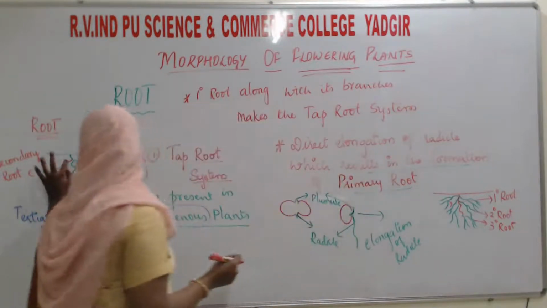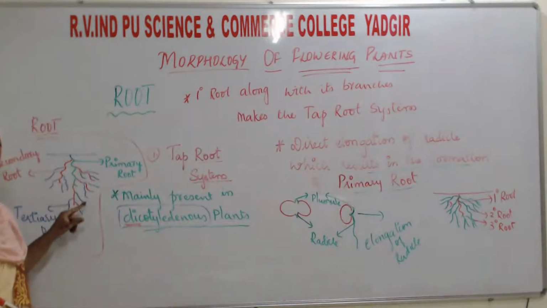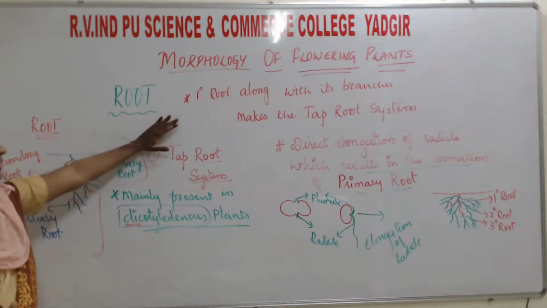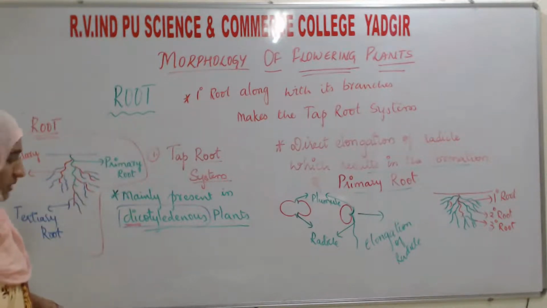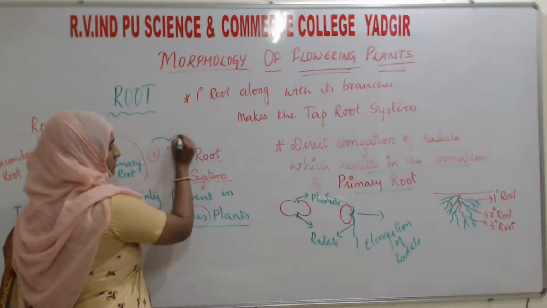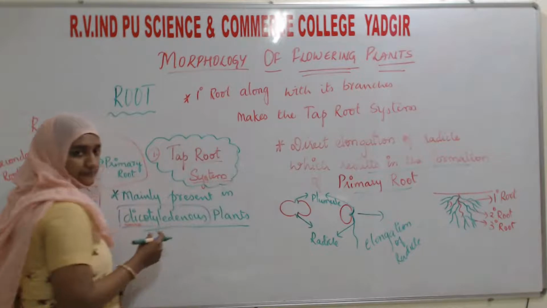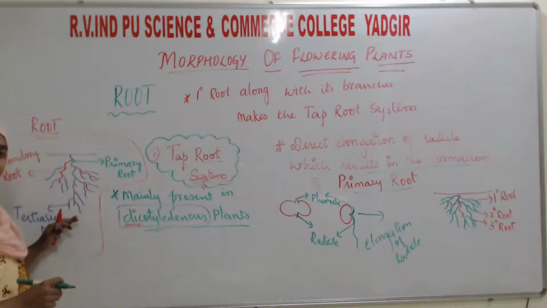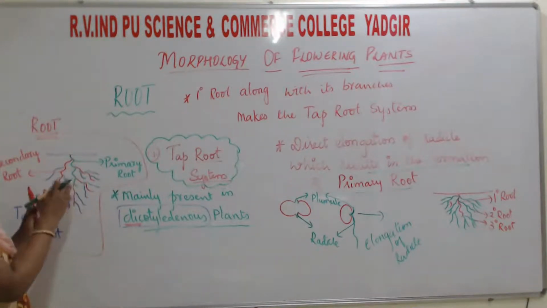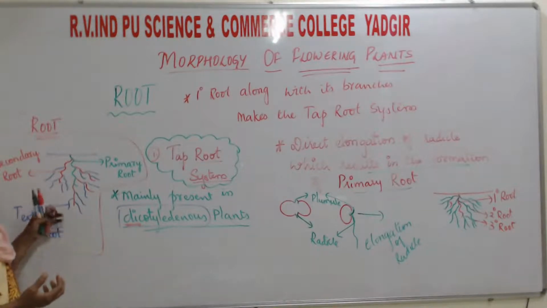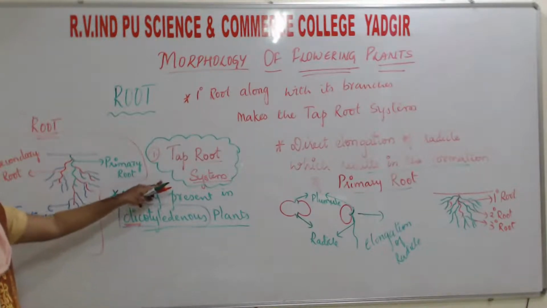So this primary root along with the secondary and tertiary roots forms the taproot system. If the roots are present in this way, with a primary root divided into many branches, we call it the taproot system.